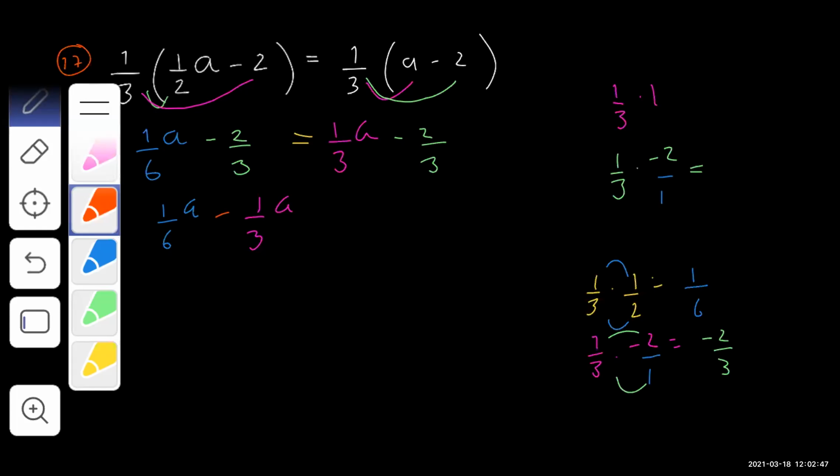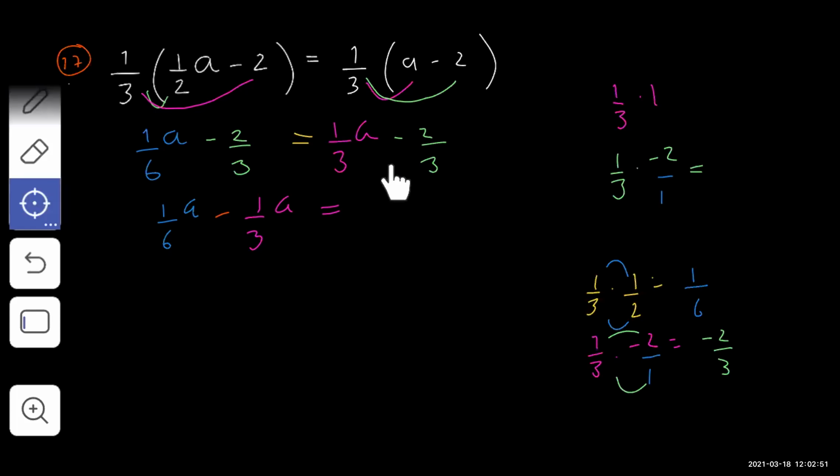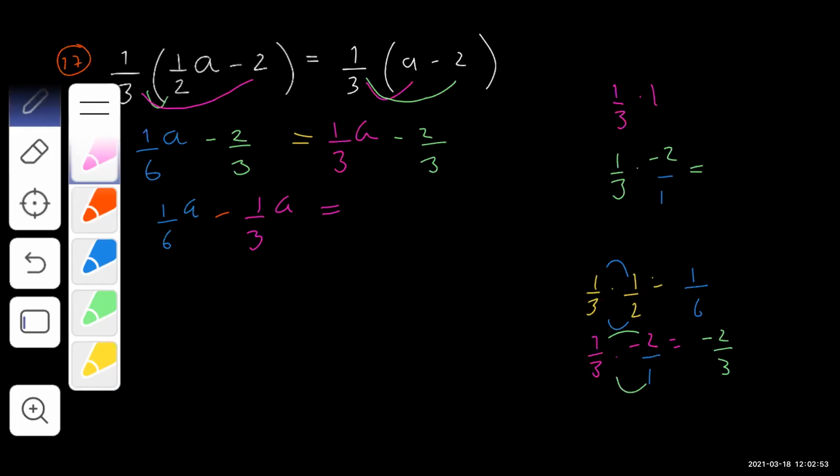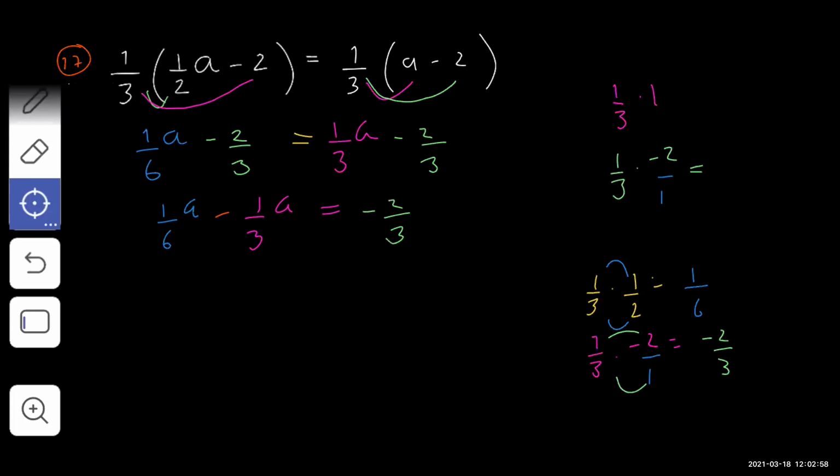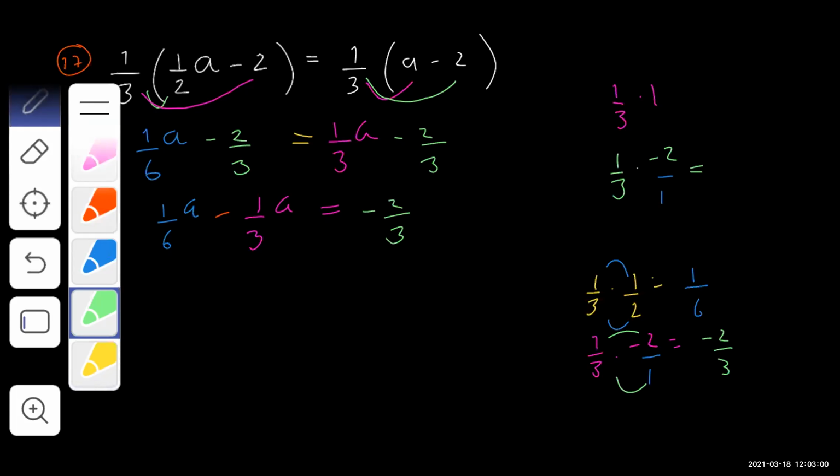Equals this: -2/3. I just get it down. Do I have another constant term? Yes, 2/3, positive 2/3. Equals, and let's simplify.